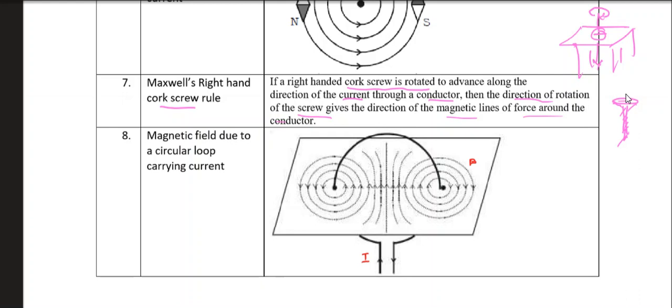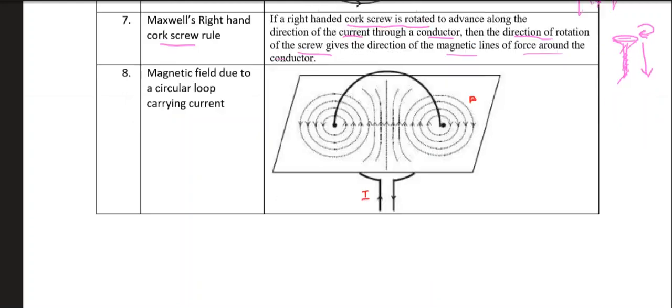Using the screwdriver, we rotate to insert it, to keep the screw down, that is inward. So when it is going inward, we rotate the screwdriver in the clockwise direction. That indicates the magnetic field. Do you understand now? That is why it is called Maxwell's right hand corkscrew.